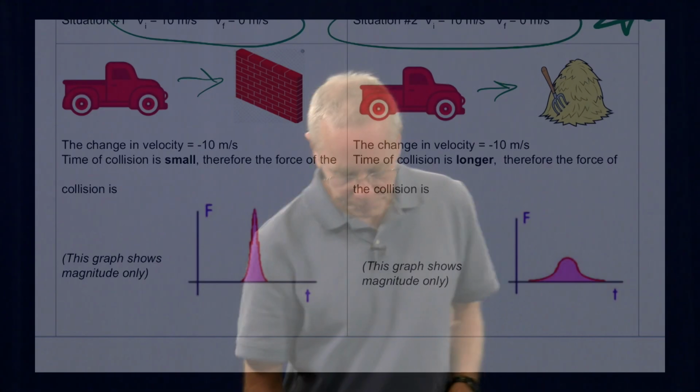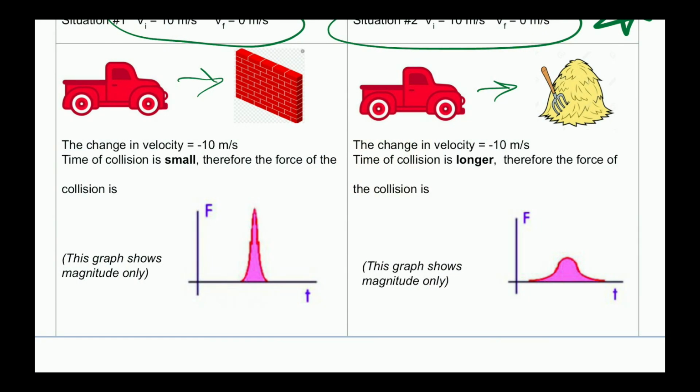Maybe you want the impulse applied over a long period of time so that you never feel much force. And of course that will be your preference if you would like to most comfortably survive that crash.